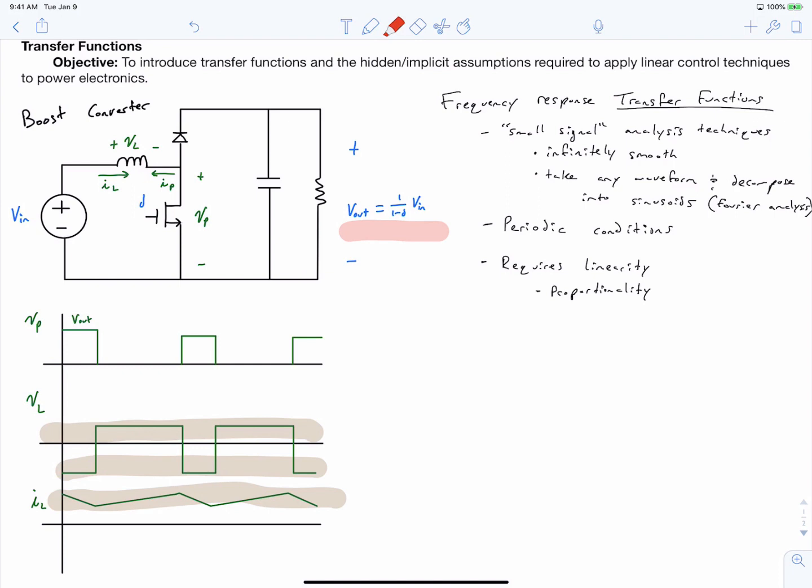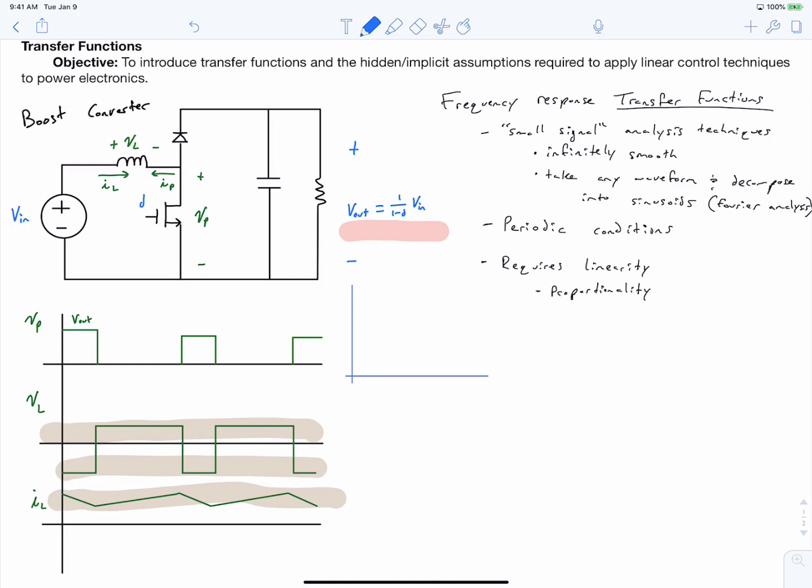However, you can see that this is not true if we consider the relationship between the output voltage and the duty ratio. Since our output voltage depends on the duty ratio as 1 over 1 minus d, we have a nonlinear relationship. If we were to change our duty ratio by x%, our output voltage will not change by x%, it will change by something else. And we can depict this by actually graphing our relationship here.